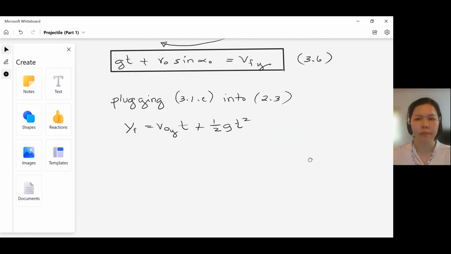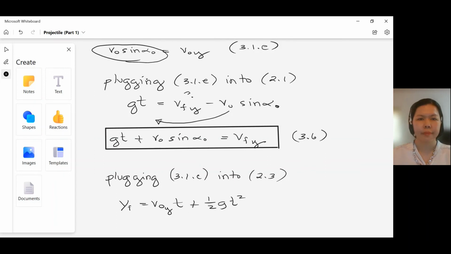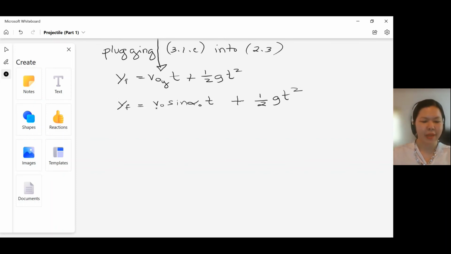So the v naught y will be replaced here: v naught sine alpha naught is v naught y. Thus we have yf equals v naught sine alpha naught, copy the rest, times time plus 1/2 gt squared. This is now our equation 3.7.